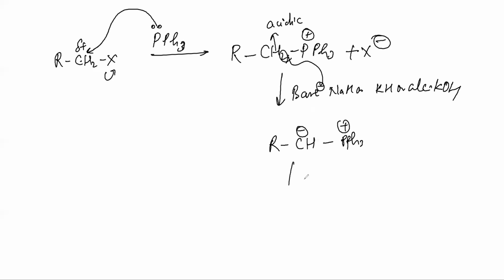Now next, what are we doing? We are treating with something like this: R' R'' C double bond O. Now see, something like this happens. This bond gets broken. What do we get here? We get R', R'', C, O minus, and this O minus gets connected with phosphorus.